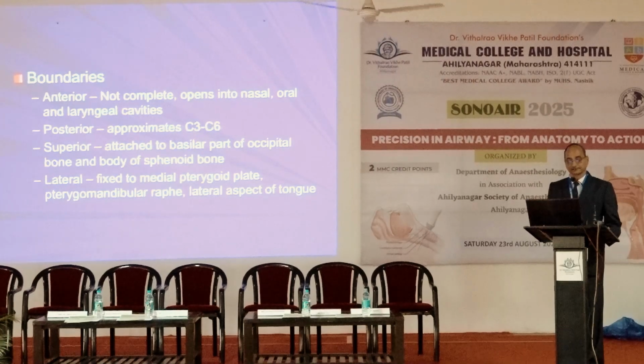Now the boundaries: the anterior is not complete, it opens into the nasal, oral and laryngeal cavities. Posteriorly, it approximates the C3 to C6 cervical vertebrae. Superiorly, it is attached to the basilar part of the occipital bone and body of the sphenoid bone. Laterally, it is fixed to the medial pterygoid plate, the pterygomandibular raphe and the lateral aspect of the tongue.